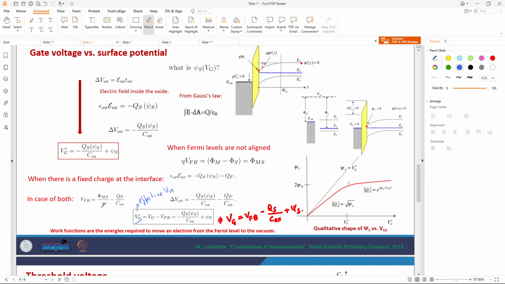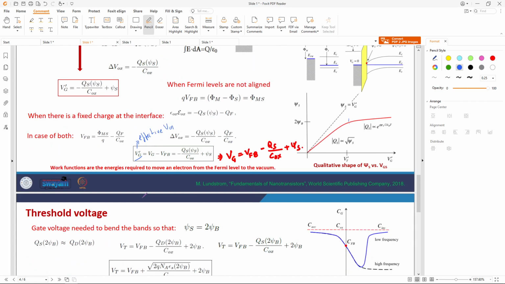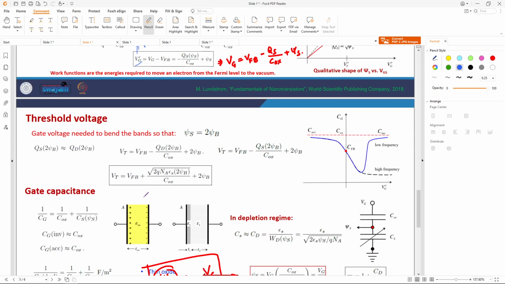So VFB is also needed. So the threshold voltage will be 2 times psi b plus VFB, plus the oxide capacitance charge term. So the threshold voltage will have this kind of a relation. This part is also important.